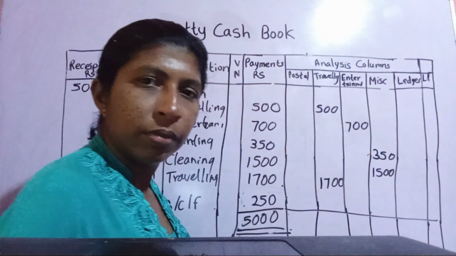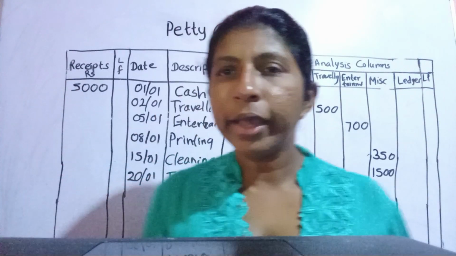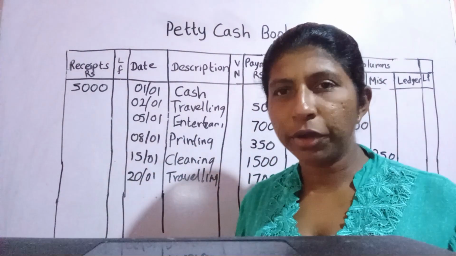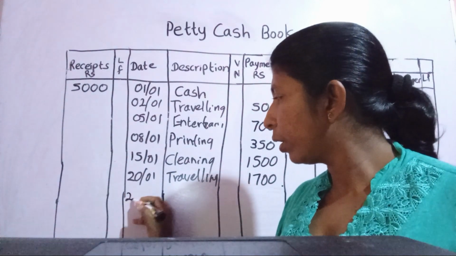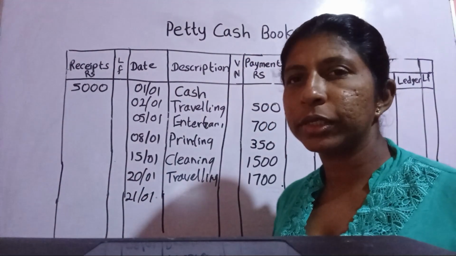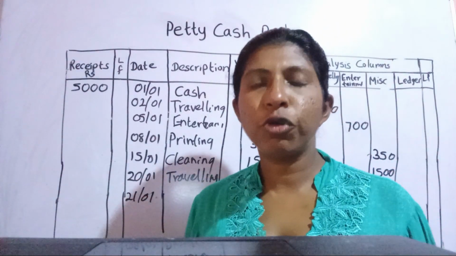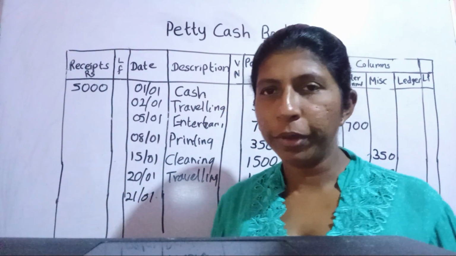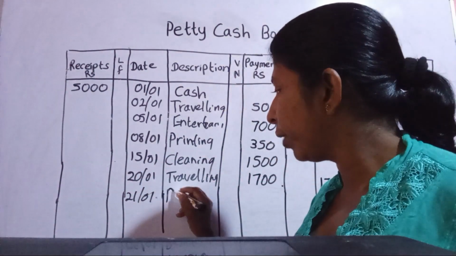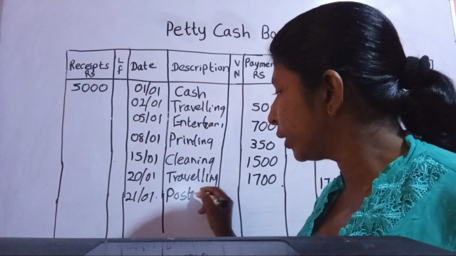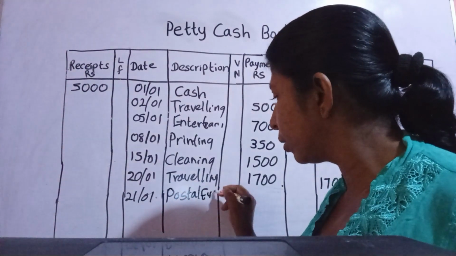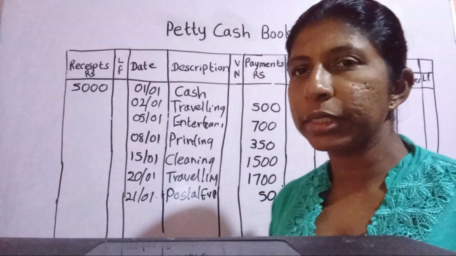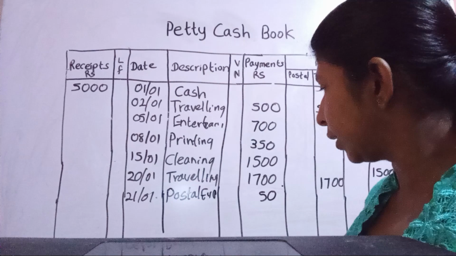As our last transaction, on 21st January, here the date is 21st January, postal expenses, postal charges 50 rupees. Here we can write postal expenses 50 rupees.